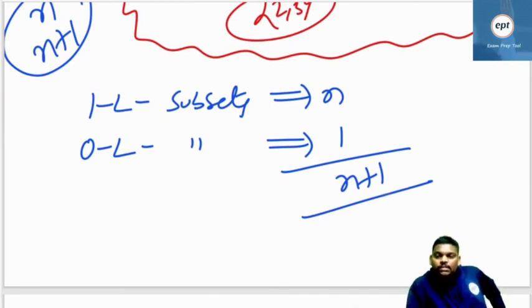Someone is saying n is given, of course, the set size is 6. Can you help me now? Listen, everyone. If the set contains 6 elements, the subsets contain 1-length ones also. Of all subsets you take, 0 length is there, 1 length is there, 2 length, 3 length also.